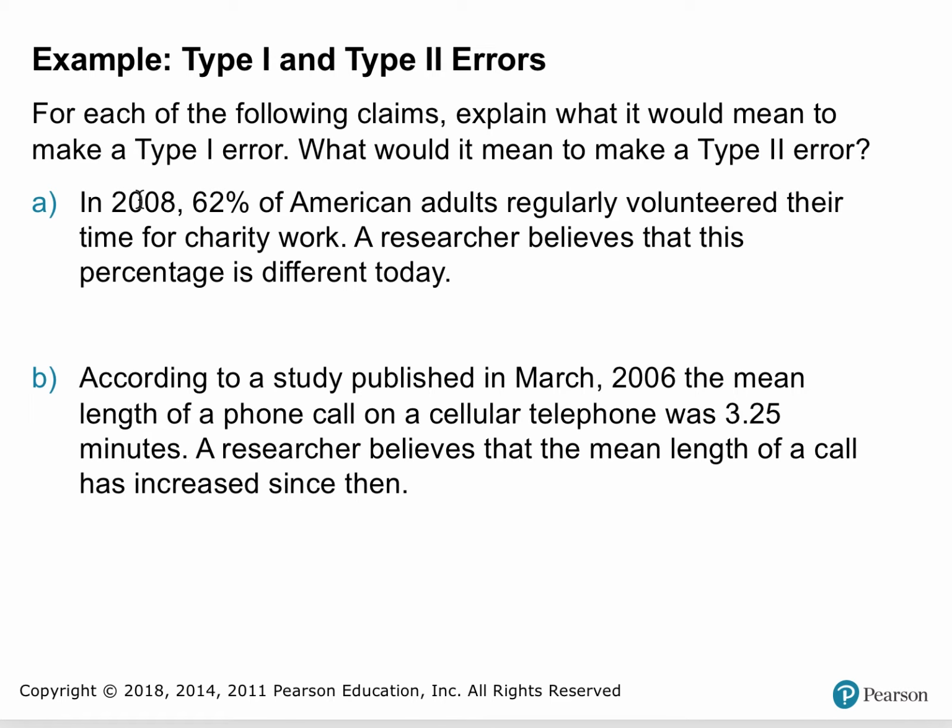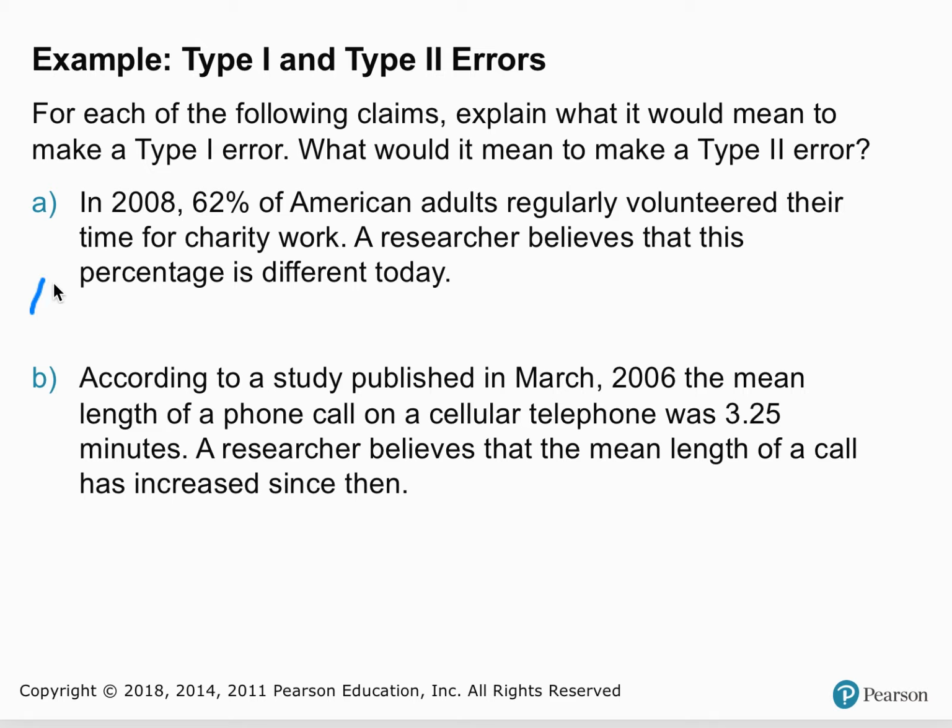Okay, so here's an example. For each of the following claims, explain what it would mean to make a type 1 error and what it would mean to make a type 2 error. All right, first one. In 2008, 62% of American adults regularly volunteered their time for charity work. A researcher believes that this percentage is different today.